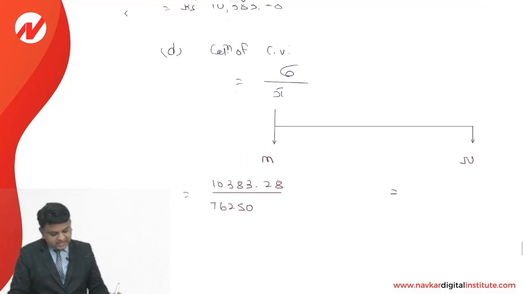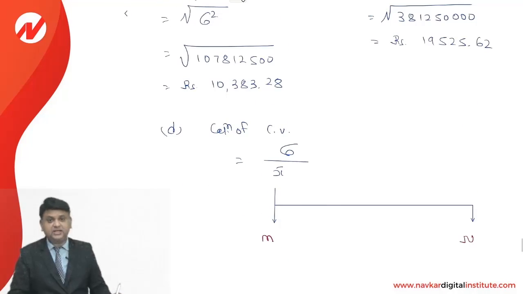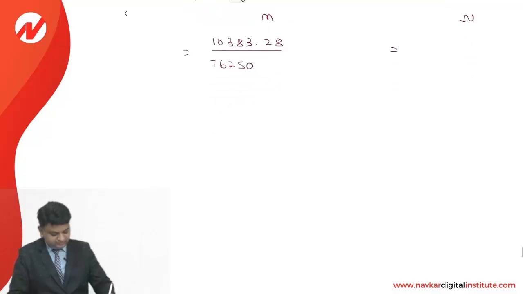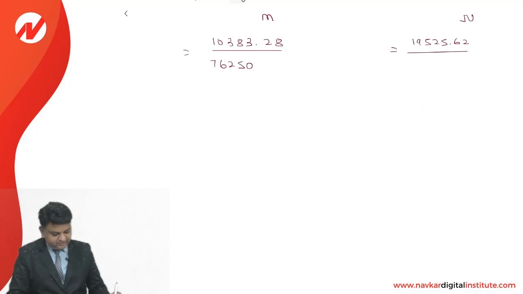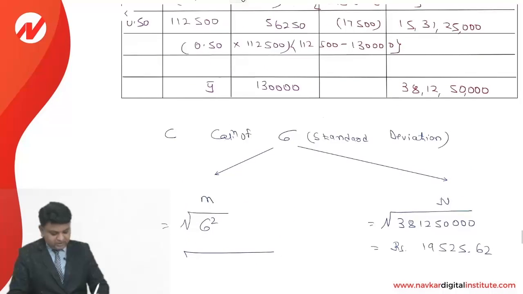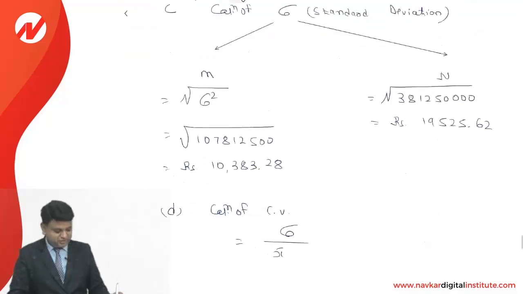In case of project N, it is 19,525.62 divided by the mean value, an amount of 1,30,000.